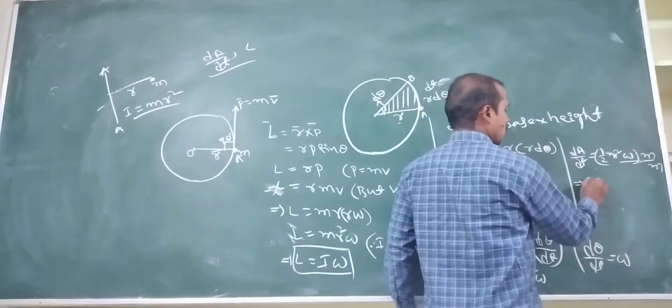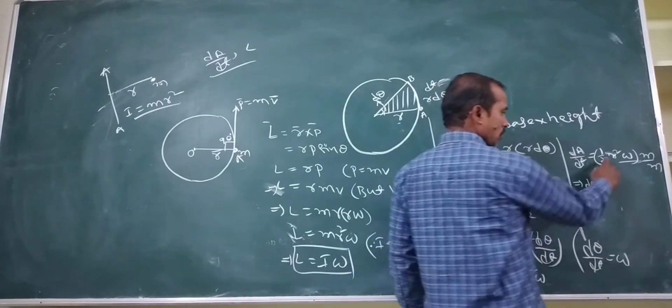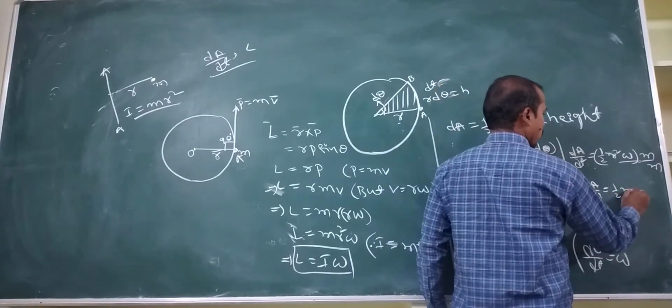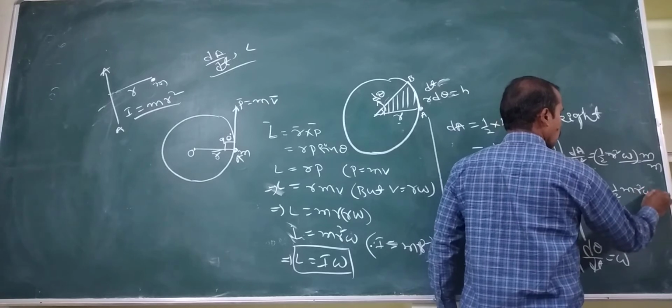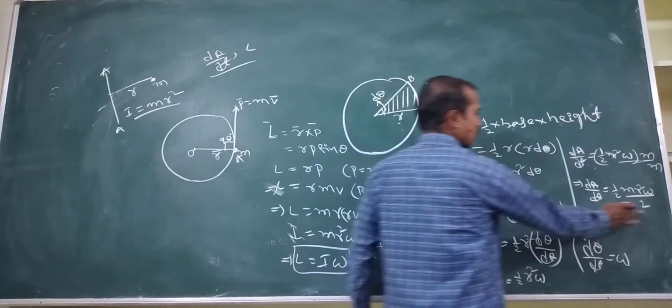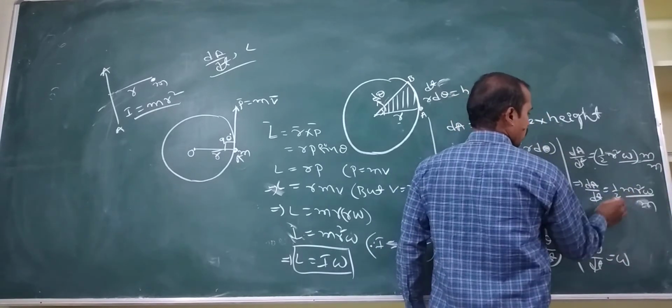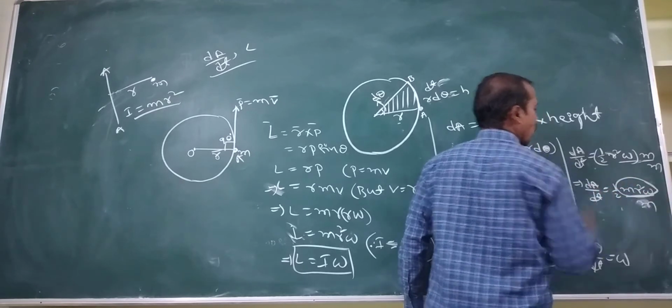That means dA/dt is equal to r² omega by 2, into m by m. Multiplying and dividing with the mass of the rotating particle, dA/dt is equal to m r² omega by 2m. This one is equal to L.